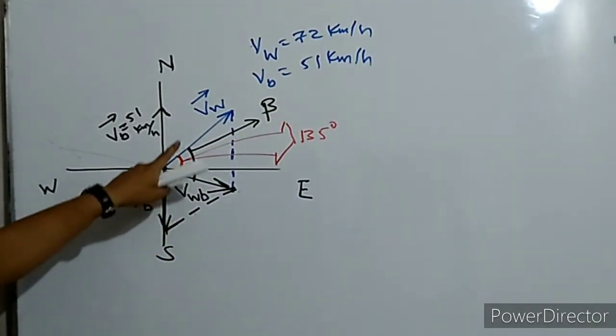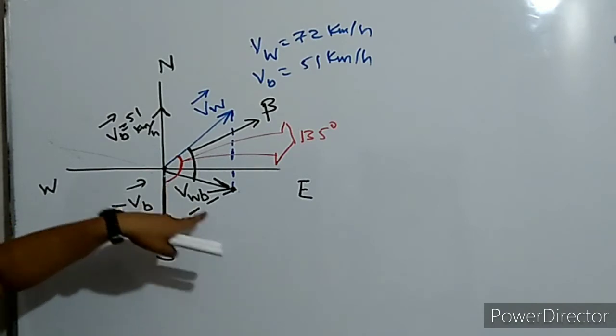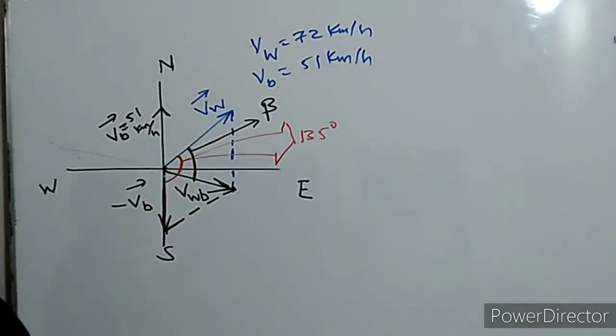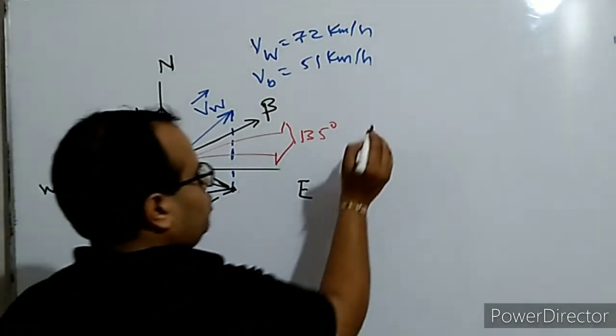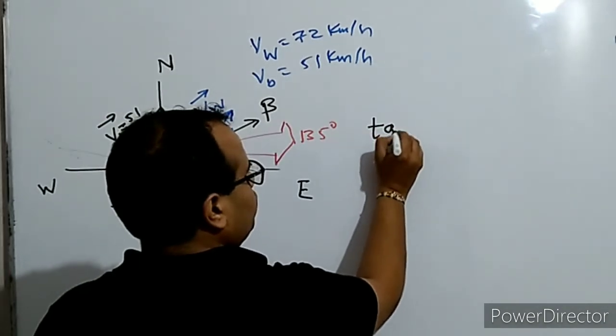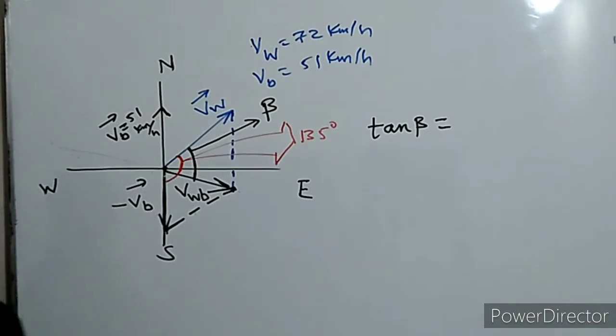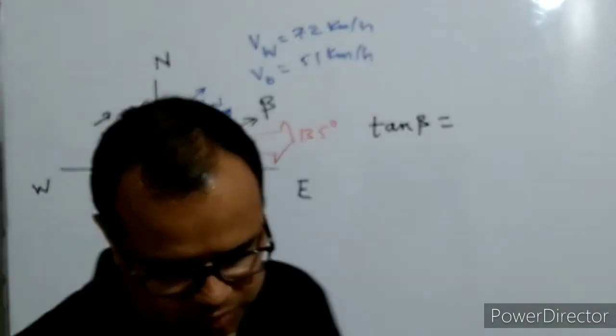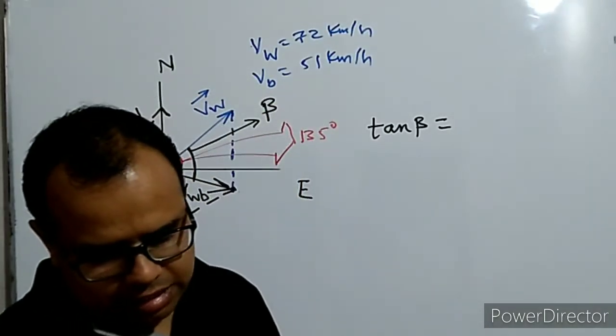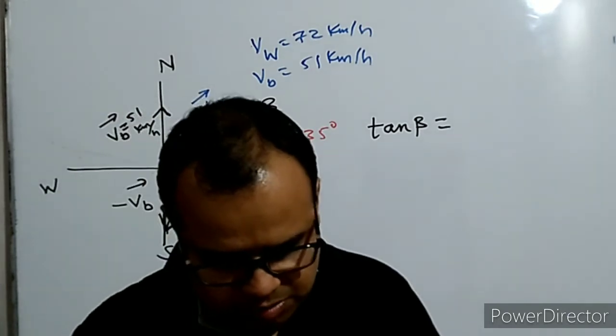So VWB makes an angle beta with the velocity of the wind. You will find tan beta, and there is a formula for that: tan beta equals B sin theta upon A plus B cos theta.